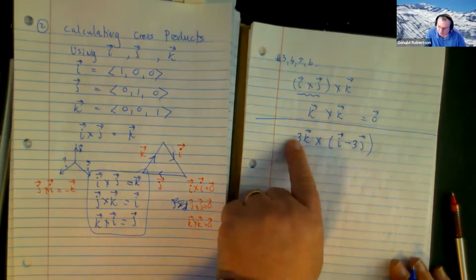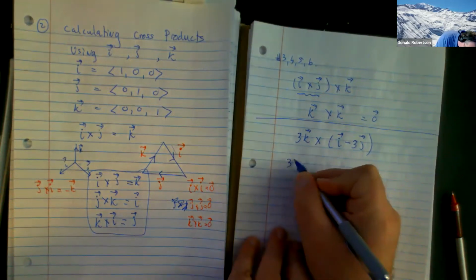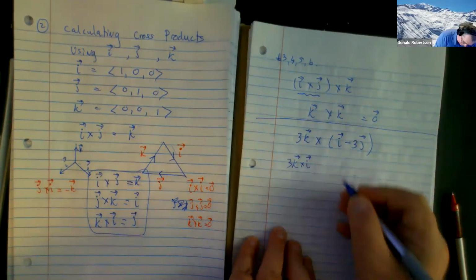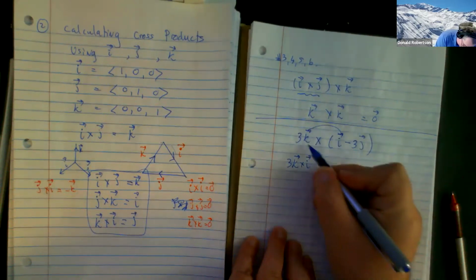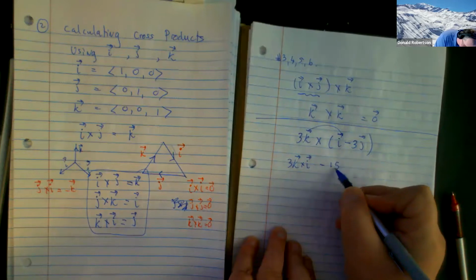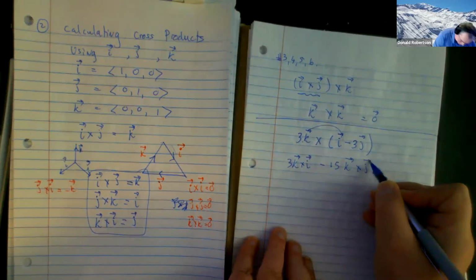Think of a distributive property, like multiplying out brackets. So you'd get 3k times i, that'd be essentially that guy. And then this guy cross product with this one would get you negative 15k cross j. You still with me?